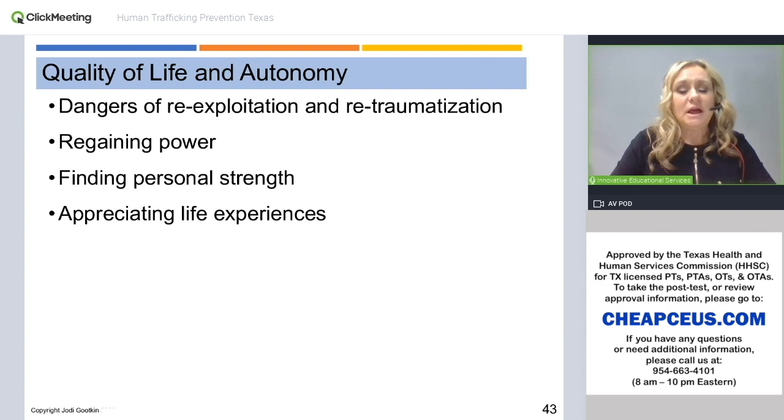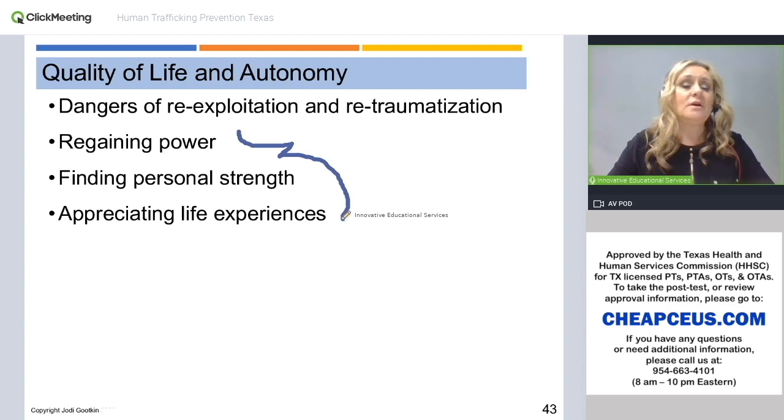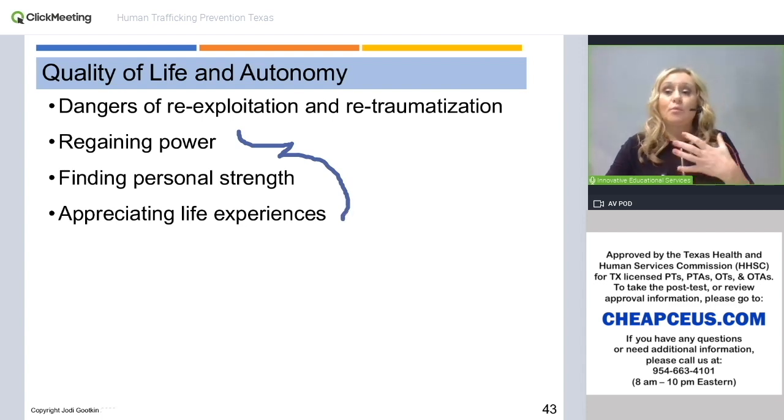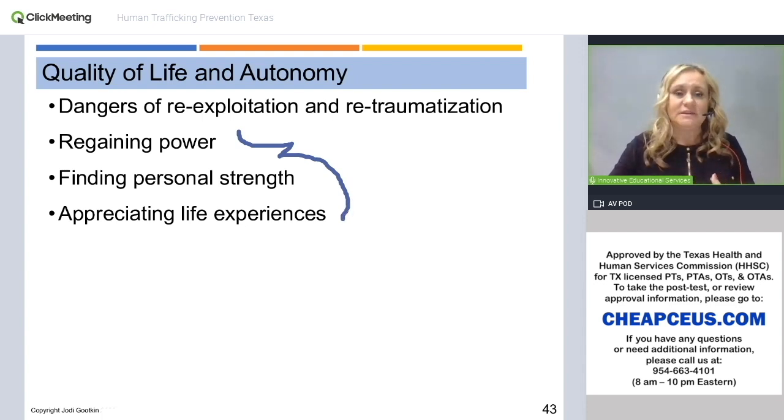Because those mental health challenges seem to be dominant and persistent as a consequence of the trafficking situation, strategies need to be incorporated for the individual to regain power, find that personal strength, appreciate that there are positive things in life, and they do have a life to look forward to.